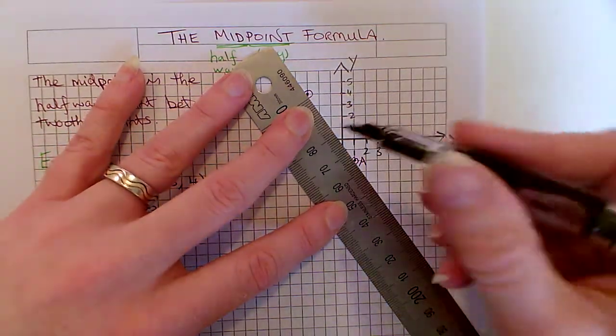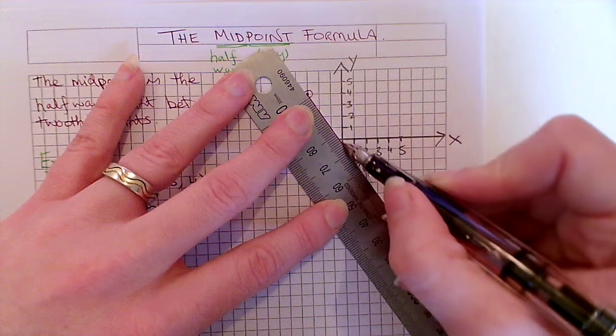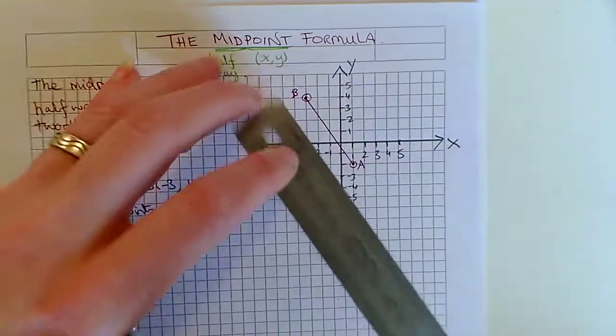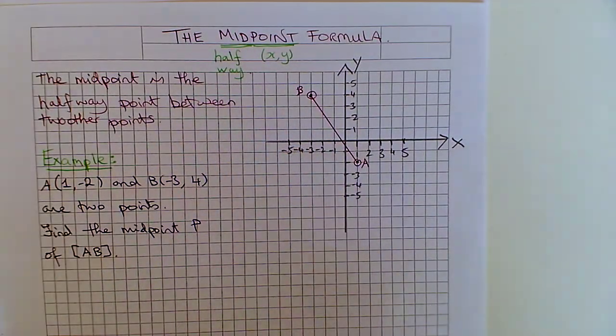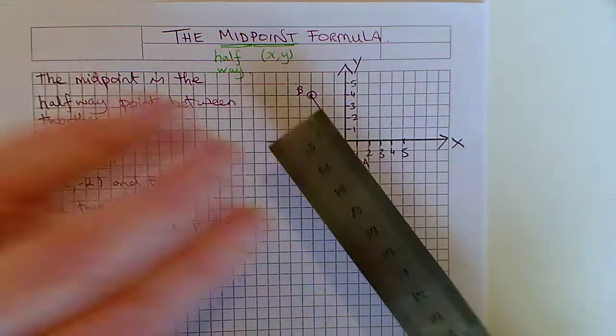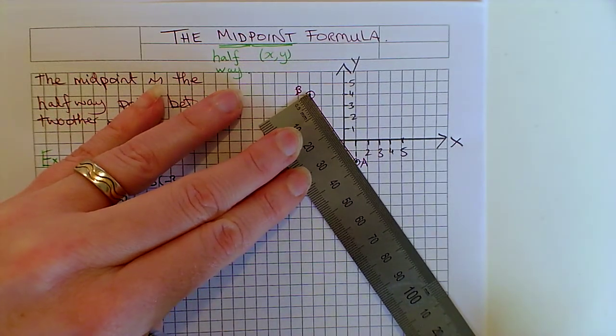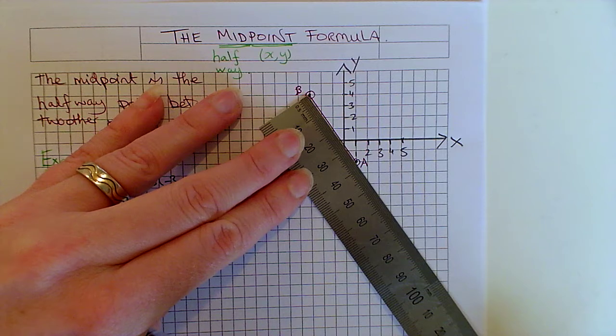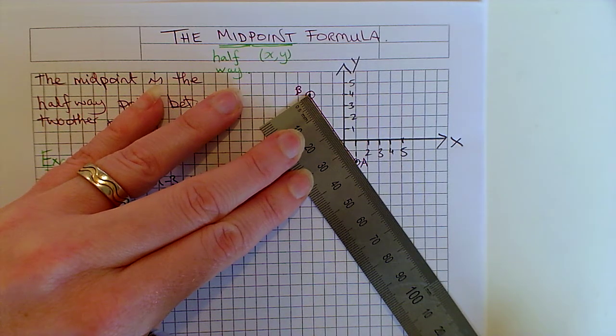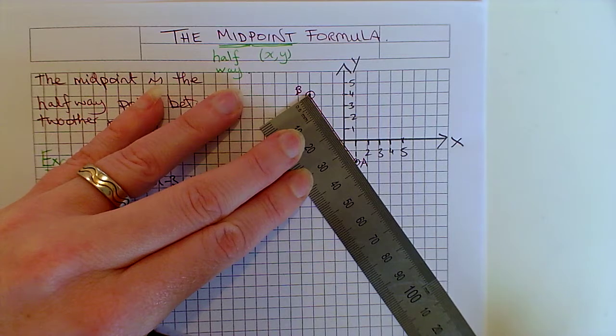And how would I find where the halfway point is? I kind of eyeball it. Maybe I could measure it. So the distance between A and B is about 37 millimeters.